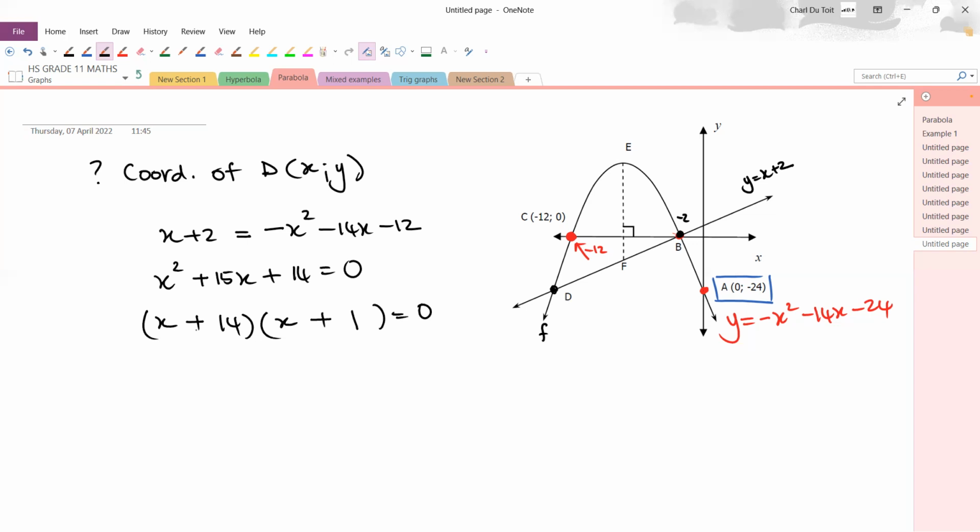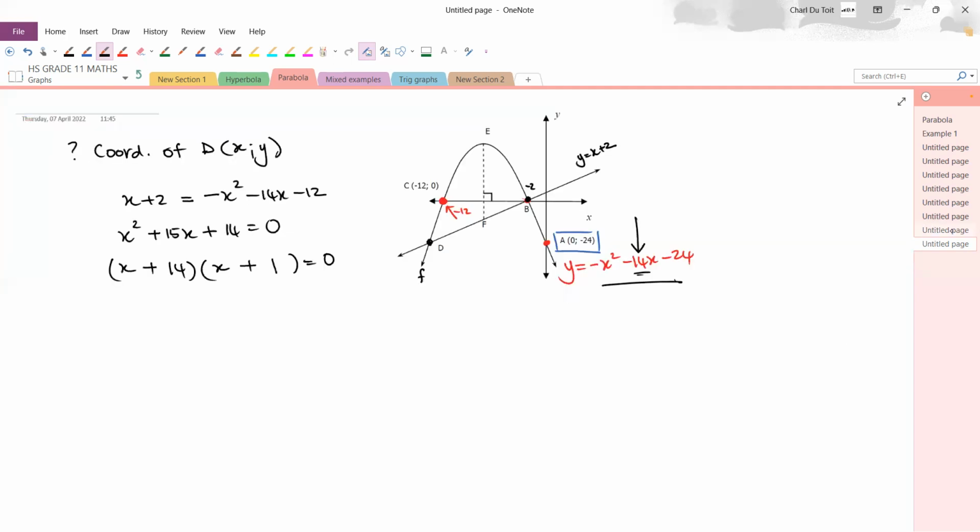Did we calculate this correctly? That 14 there, I think, is a problem. Is it not 15? 14 plus 1 is 15, but I think this 14 is a mistake.